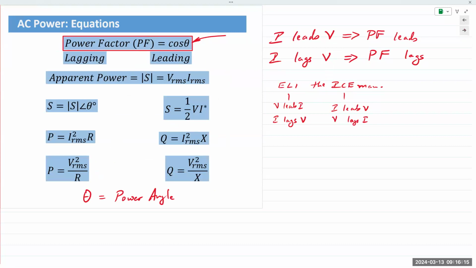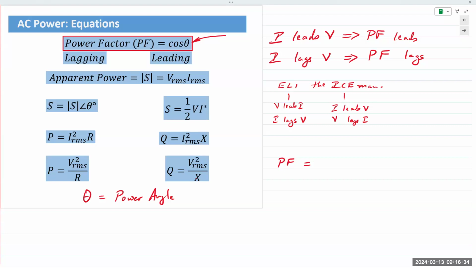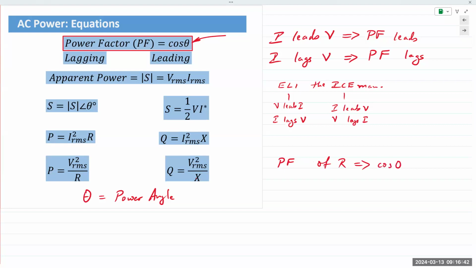It is typically described as a percentage. Okay, if it's a purely resistive load, there is no phase difference between the voltage and the current of a resistor. So the power angle theta is equal to 0, which means power factor of a resistor R would be equal to cos 0, which would be 1.